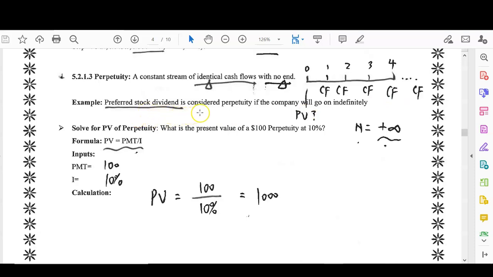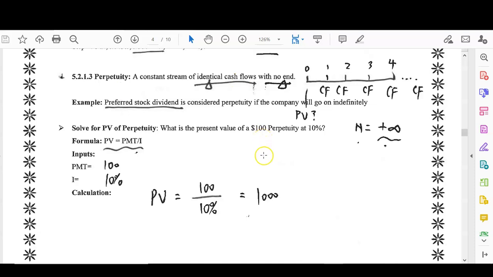Preferred stock dividend is considered perpetuity if the company will go on indefinitely. Preferred stock promises to give you dividends at fixed intervals, at a fixed amount. So if the firm doesn't go bankrupt, you will get a fixed amount of dividends forever.